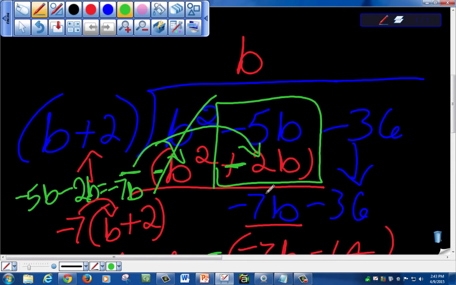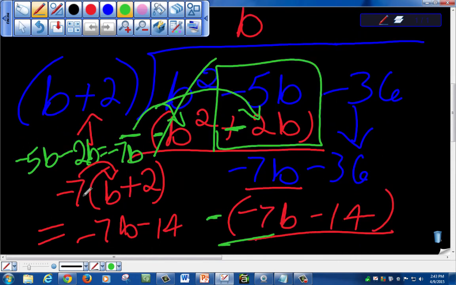But we have to also remember that we distributed the negative 7, which we're going to write down up here, such as b minus 7.